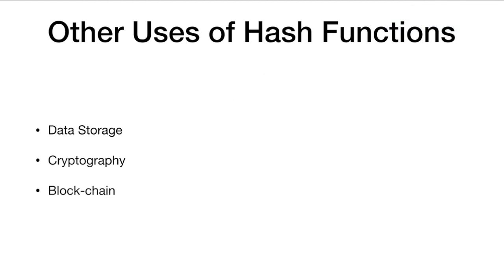Another place hash functions come up is cryptography. And you can see how it's useful. You can check that one person has something the same as you without you actually telling them what you have. And actually, another place we see hash functions now all the time is in the blockchain, would you believe?